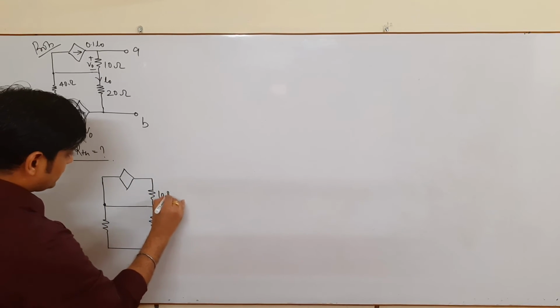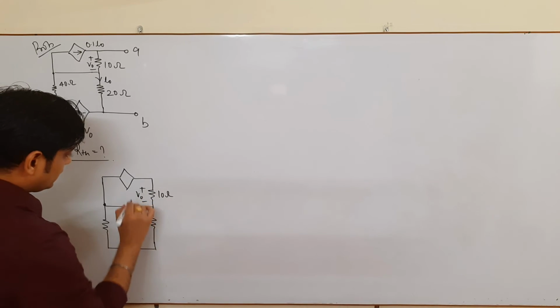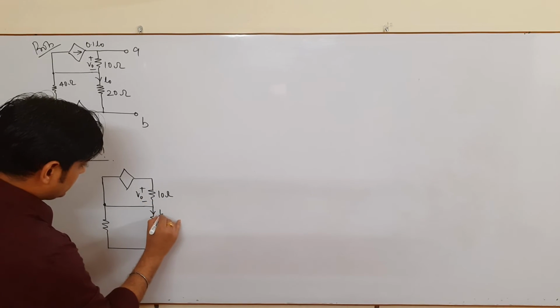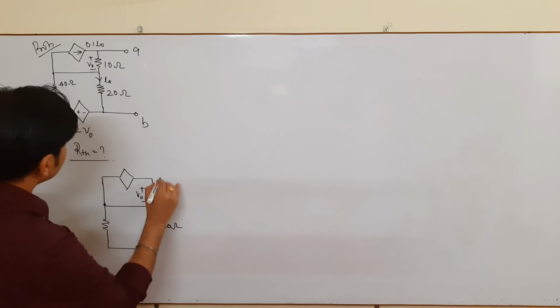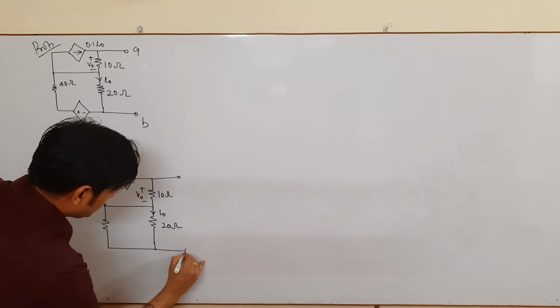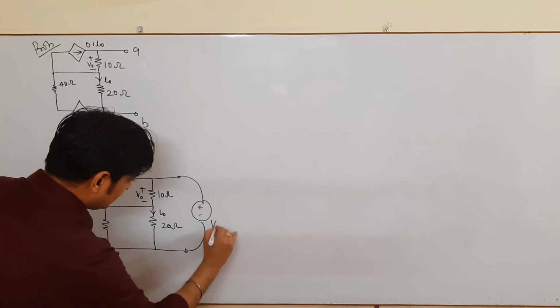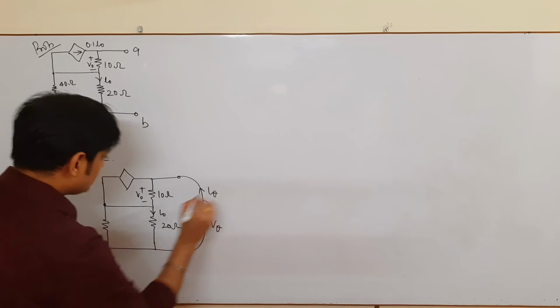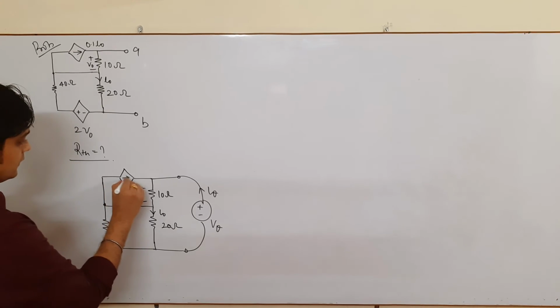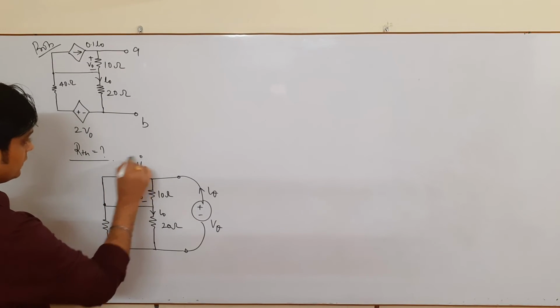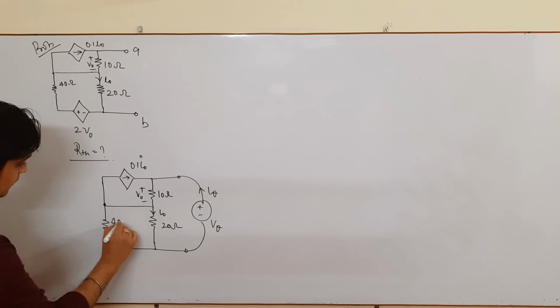This is your 10 ohm resistance, this is V0, the current here is I0, this is 20 ohm. These are your terminals, and now I am connecting one source, that is V theta, and generating a current I theta. Here it is 0.1 I0. This is your 40 ohm resistance.